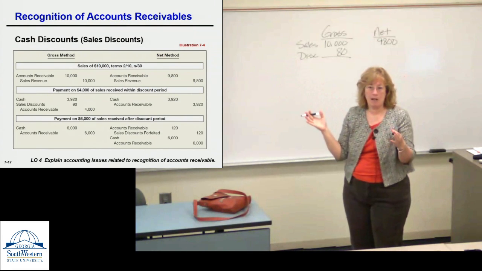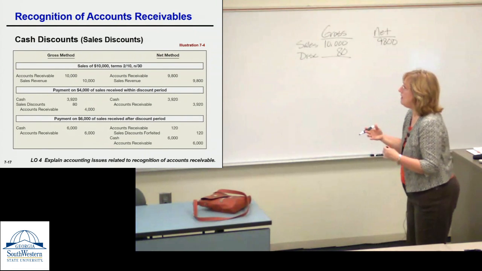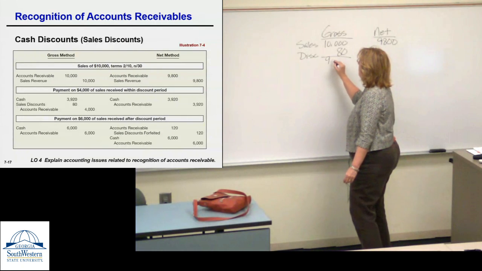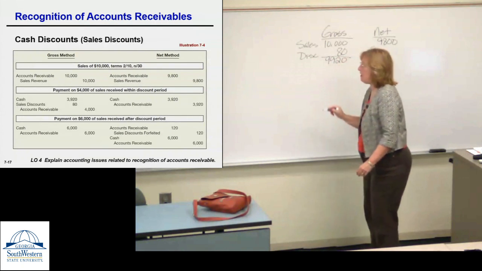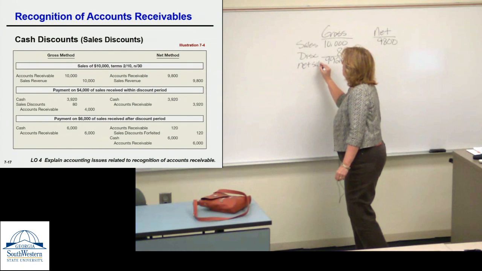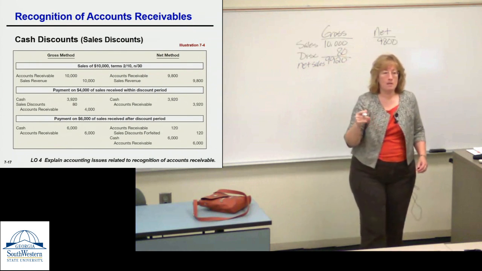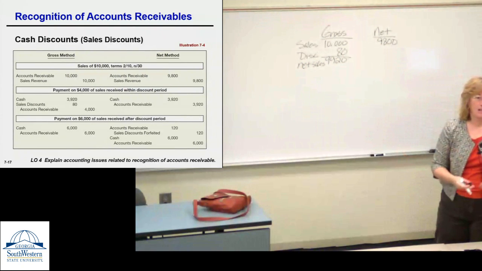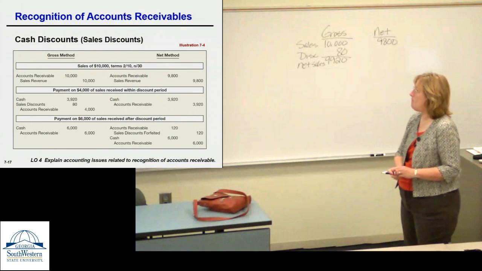So this kind of offsets our sales to where our net sales amount is $9,800, right? So this is net sales. Remember on the income statement, sales less allowances and discounts and that kind of thing. Do y'all remember that from two chapters ago?